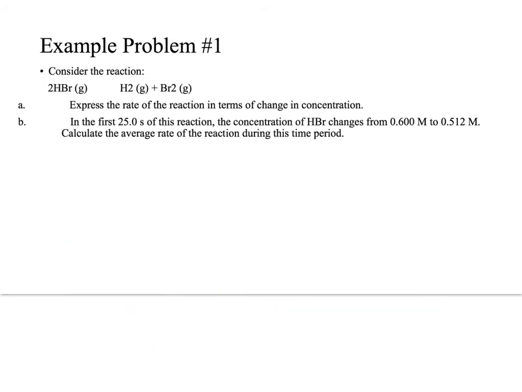Let's look at some example problems. Right, first we'll look at this 2 hydrogen bromide, and the arrow is not shown. It goes to hydrogen plus bromine gas. And notice the relationship 2, 1, and 1. So we want to express the rate of the reaction in terms of change in concentration. All right, so I can write 3 different expressions here.